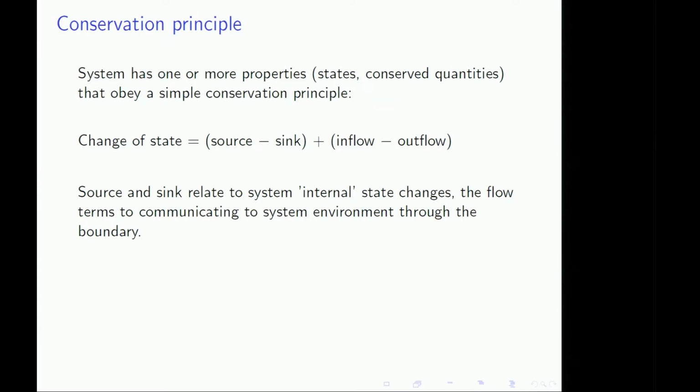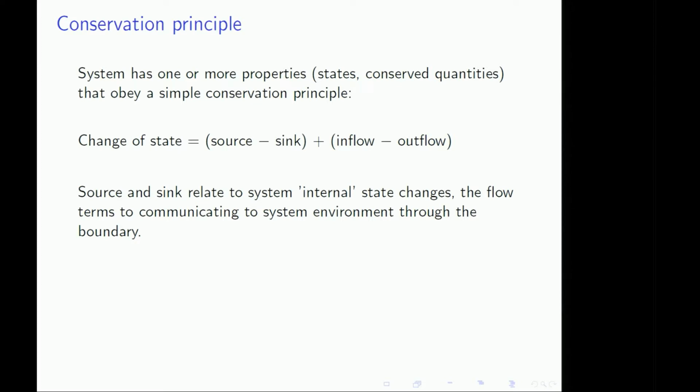So we have been discussing systems on a general level. Now we focus on another basic concept, which is the conservation principle. In the context of the conservation principle, the system has one or several special properties which are called states or conserved quantities.